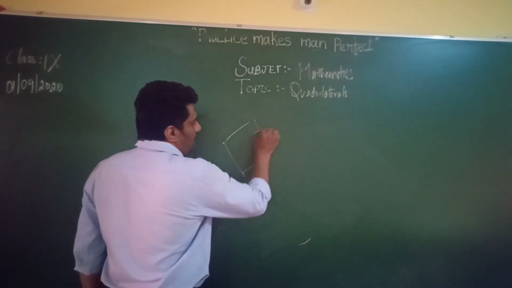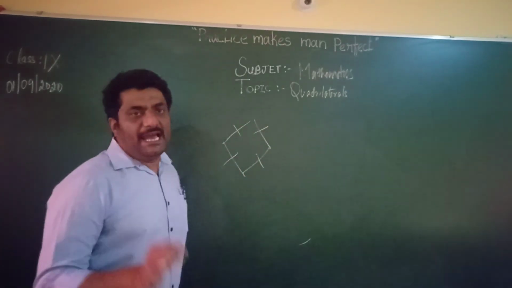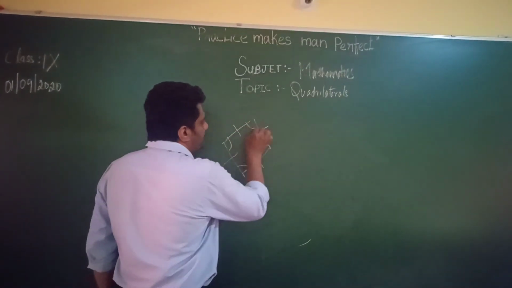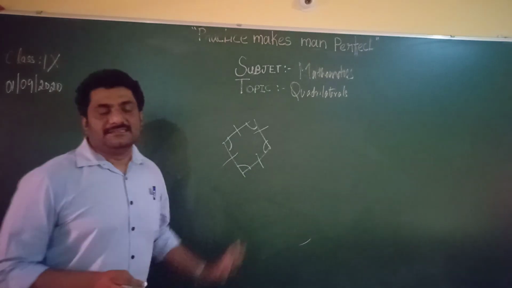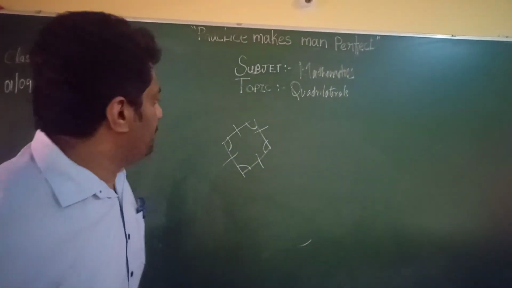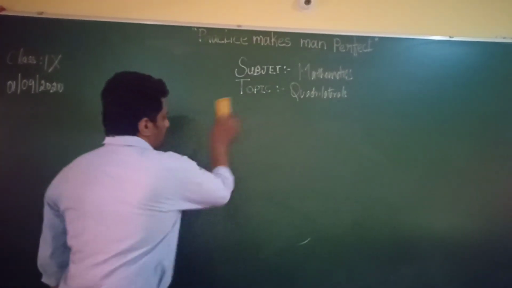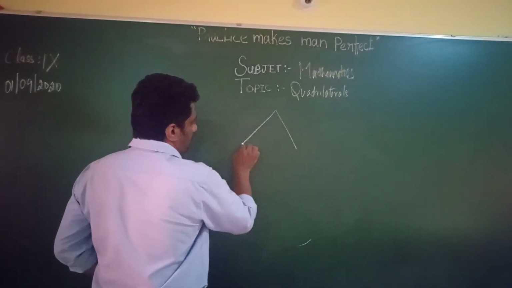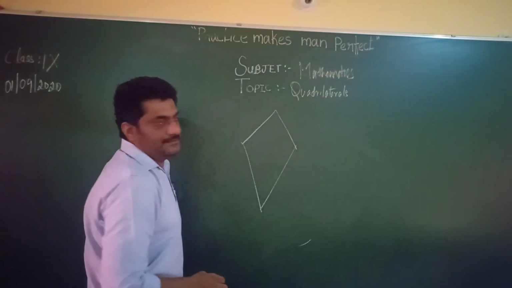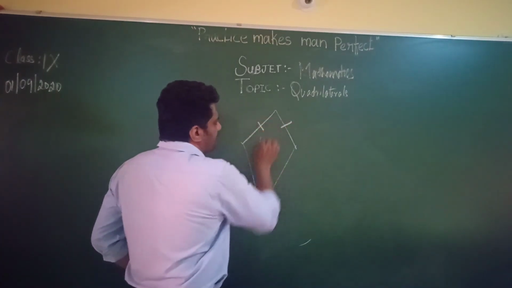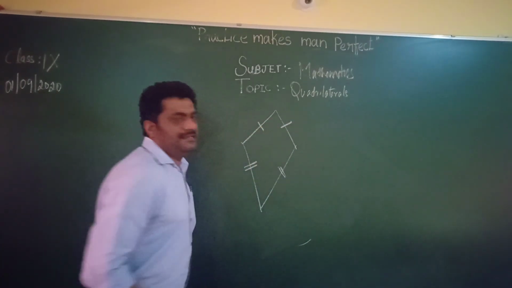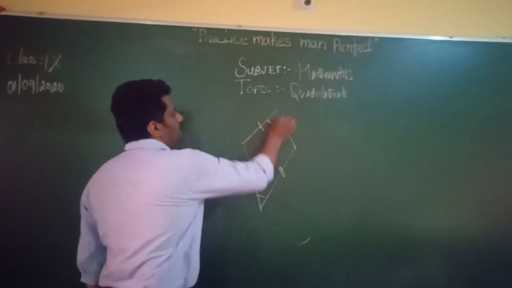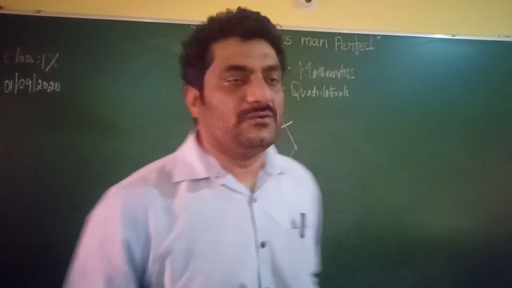Now in this, all sides equal as we have in square. However, I don't have all these 90 degrees. This is rhombus. Now if I go to kite, this is kite. Now in this, the adjacent sides are equal in this case, and the opposite angles are not equal.